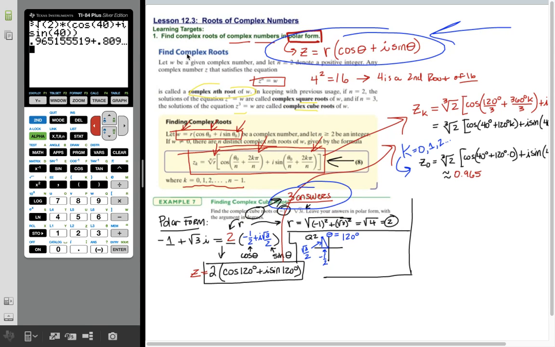The example in the directions said they wanted you to leave that answer in polar form in degrees.